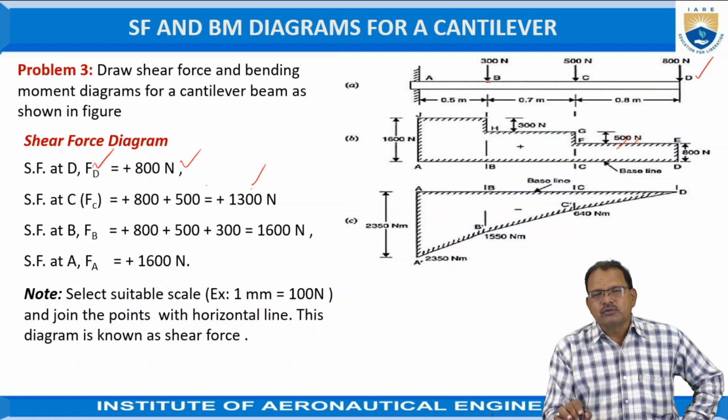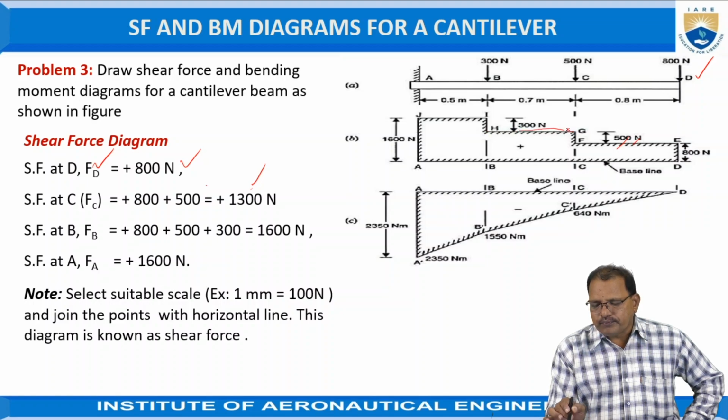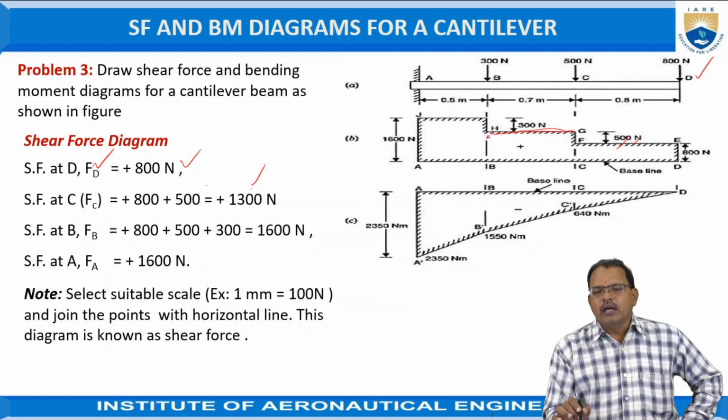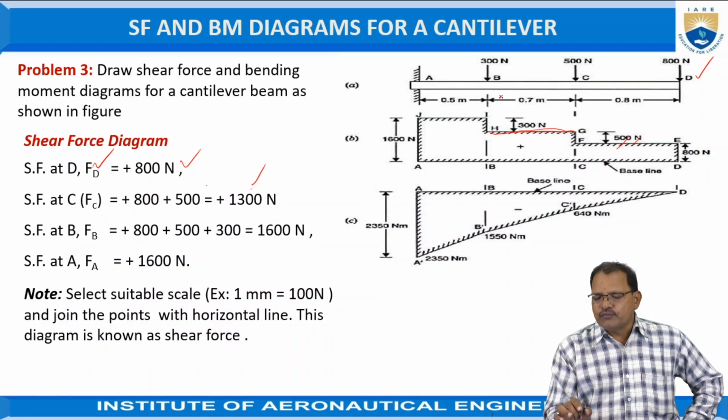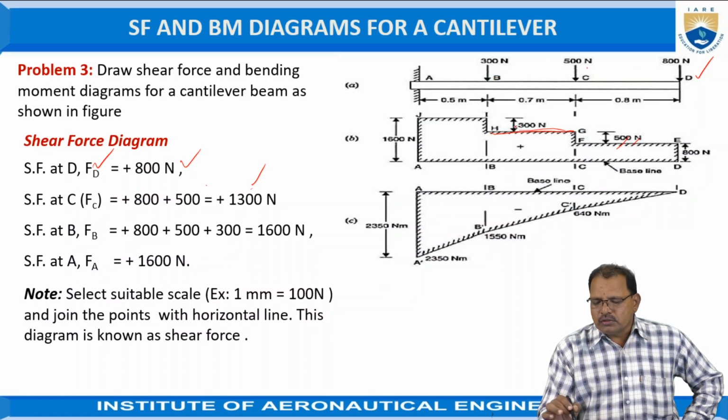The shear force at B: because there is no force acting between B and C, the shear force which is there at C position also remains constant up to B position. Hence it is a horizontal line now. At B position, the total shear force is equal to 800 plus 500 plus 300, which is equal to 1600. That is additionally 300 newtons upward. Again, there is no force between A and B. Again, it is a horizontal line.